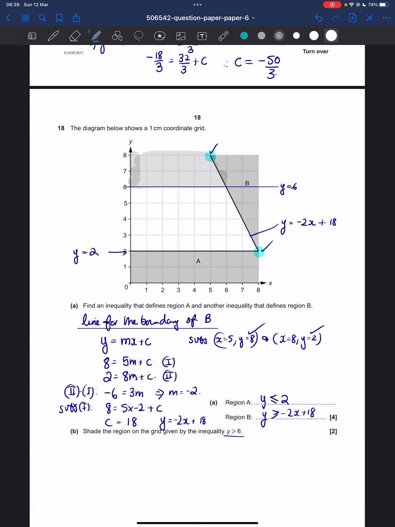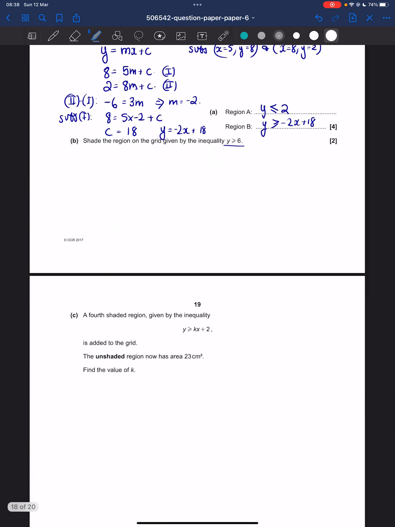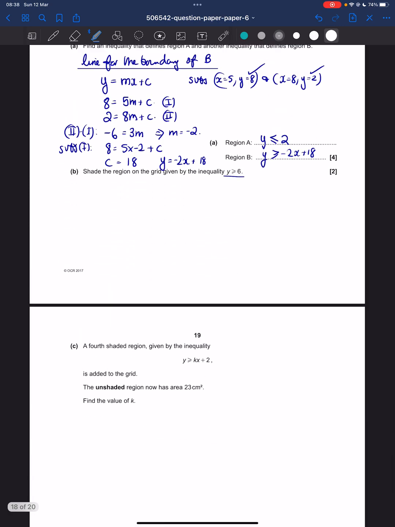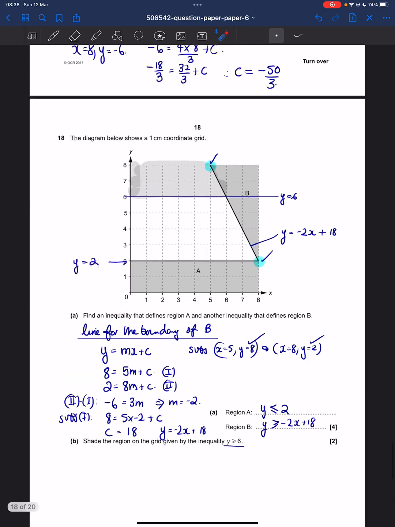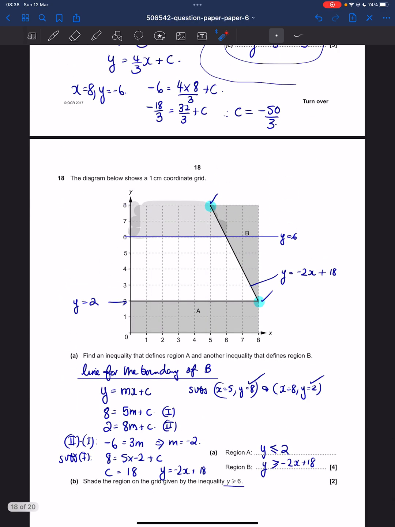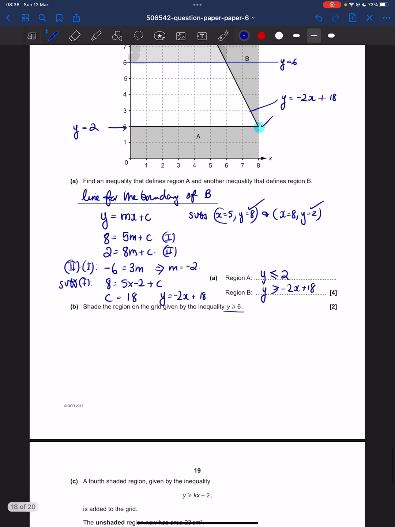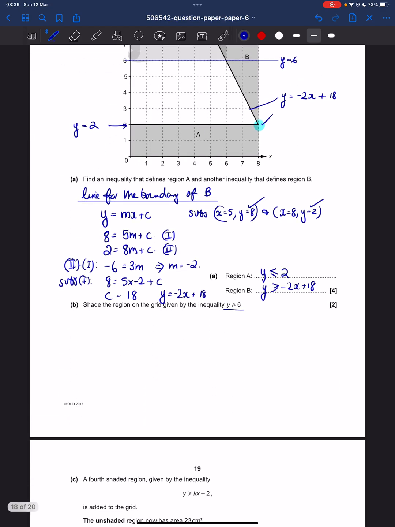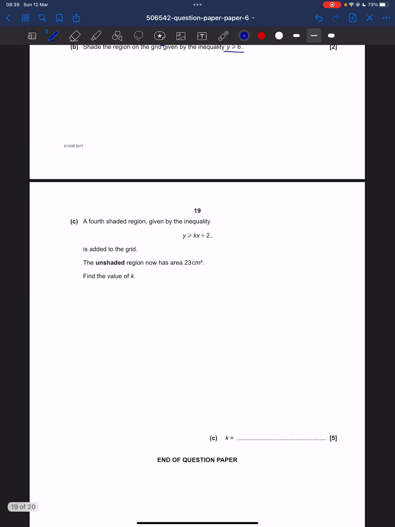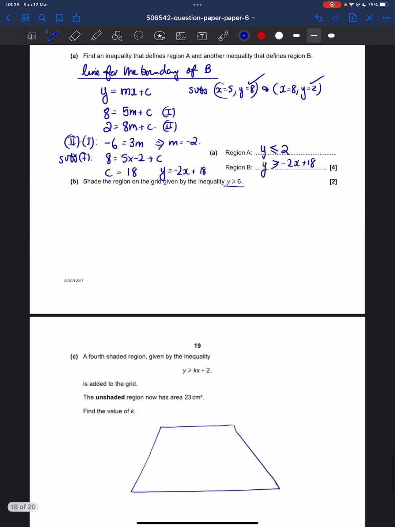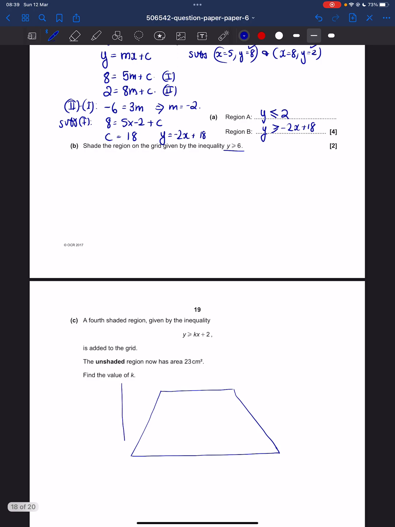So y is greater than or equal to kx plus 2. I'm just going to draw this diagram down here because I can draw it in rough and explain why I've drawn this trapezium here.